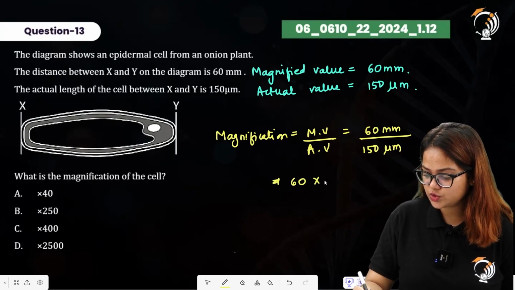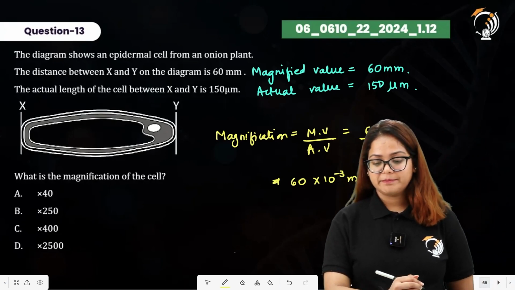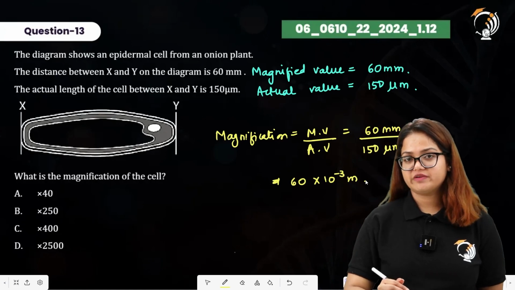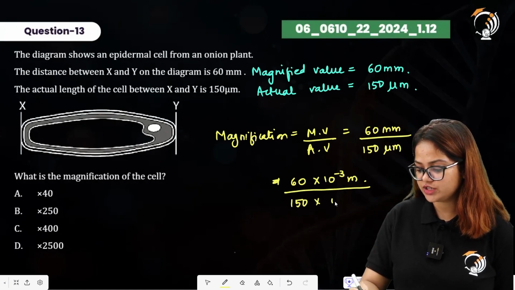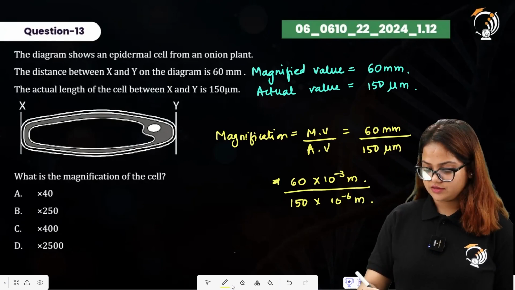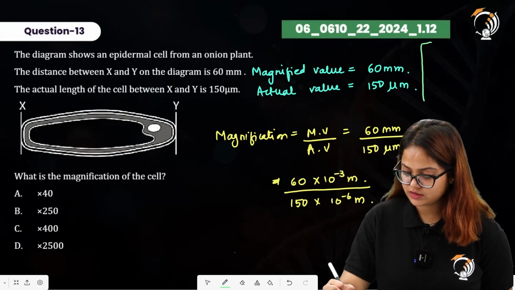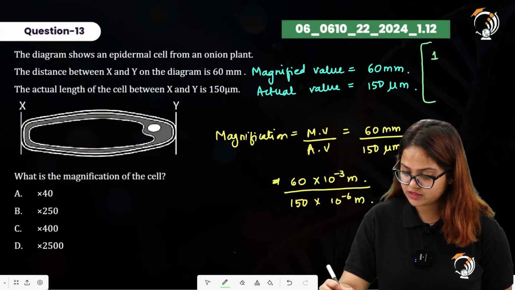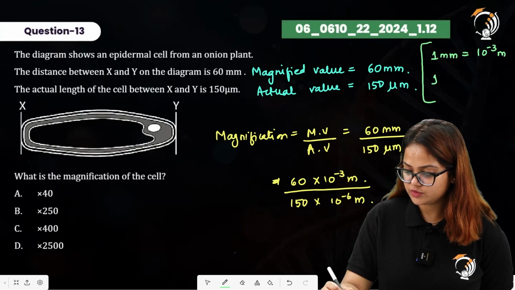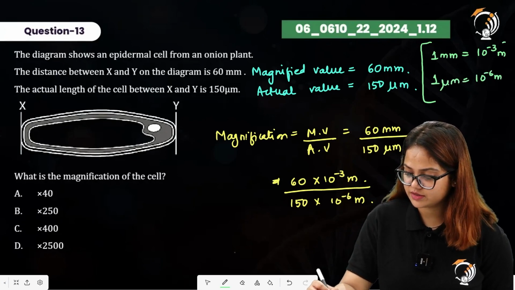So 60 into 10 to power minus 3 meters, since 1 millimeter equals 10 to power minus 3 meter, then you have here 150 into 10 to power minus 6 meter. So let me write here the conversions we used. We used that 1 millimeter equals 10 to power minus 3 meter. We used that 1 micrometer equals 10 to power minus 6 meter.